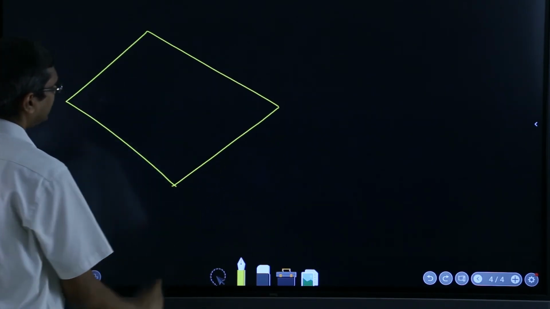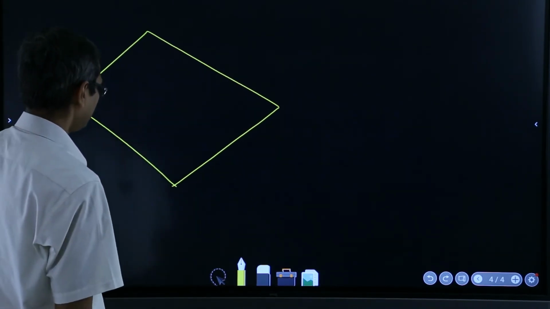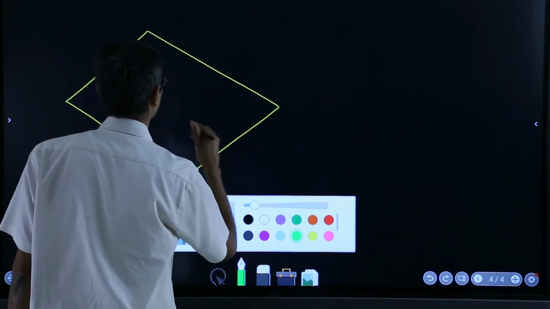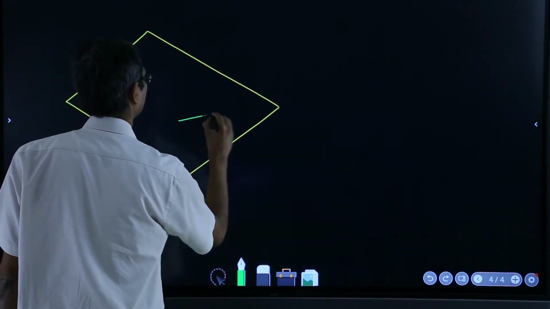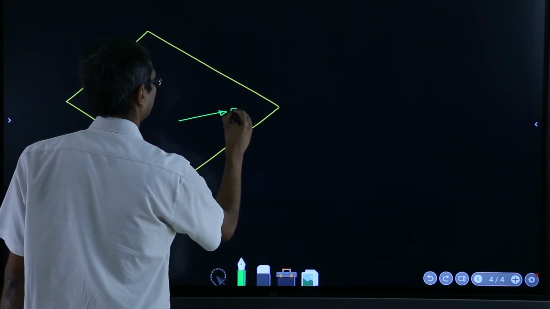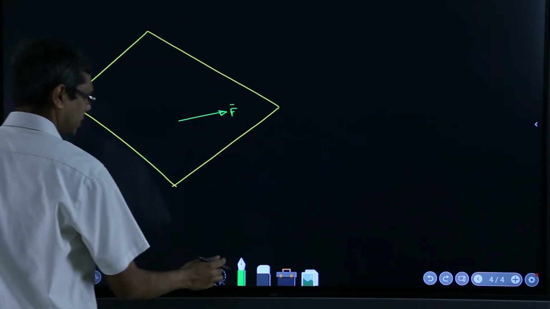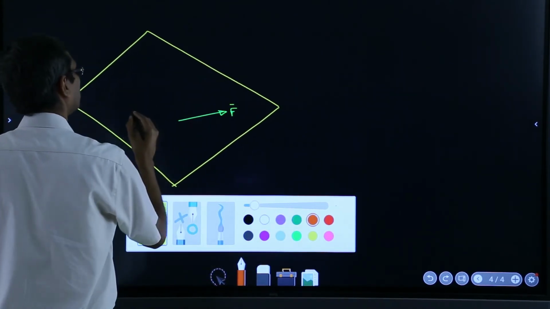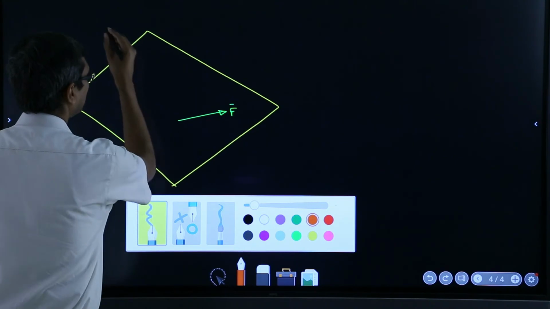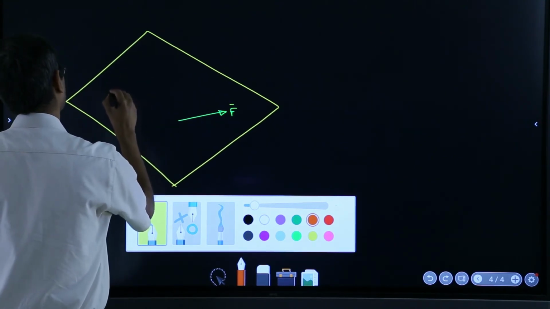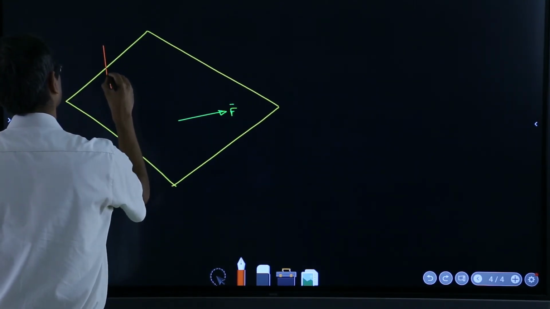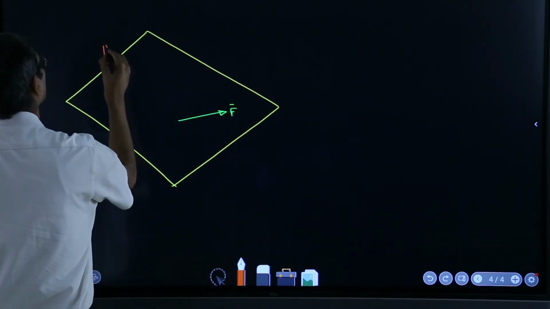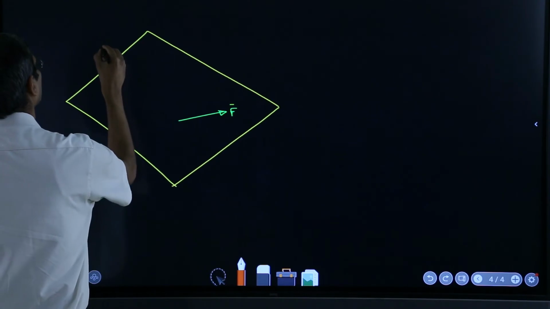So say this is a plane. Now there is a force, say here, and there is a couple moment. Say there is a couple moment which is perpendicular to this, for example, like this.